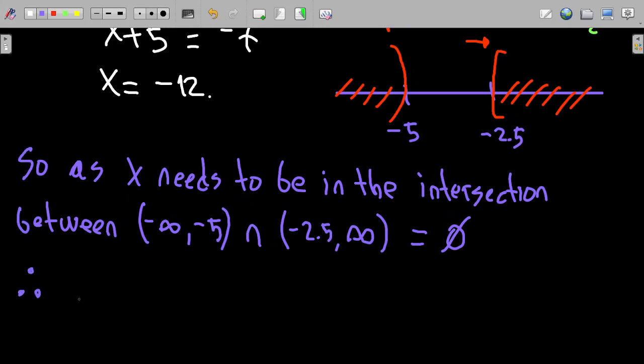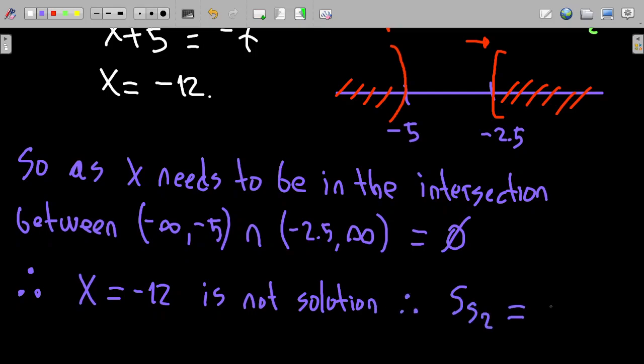So x equals minus 12 is not a solution. So the solution set number 2 is the empty set.